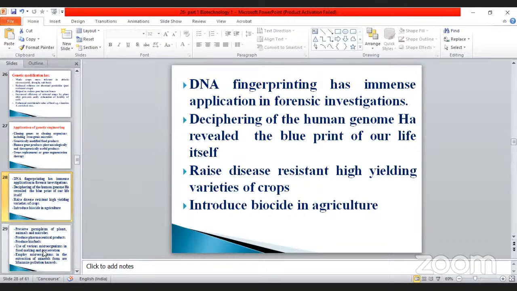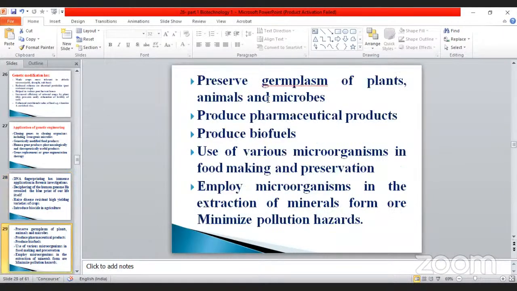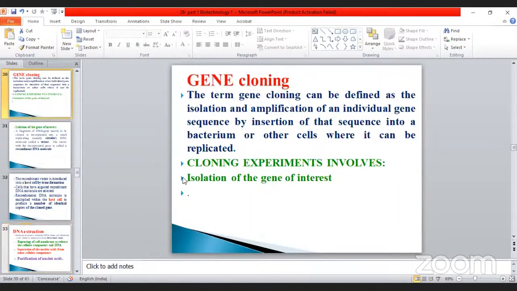It also preserves germplasm of plants, animals, and microbes in the lab, and produces pharmaceutical products and biofuels. In commercial aspects, with the help of biotechnology or genetic engineering, various microorganisms are used in food making and preservation, and employed in the extraction of minerals from ore. This is a very, very important thing. It also minimizes pollution hazards. These are all the main important applications of genetic engineering.